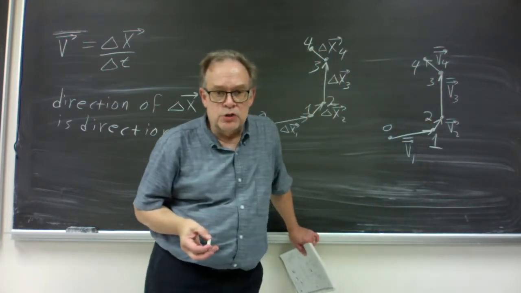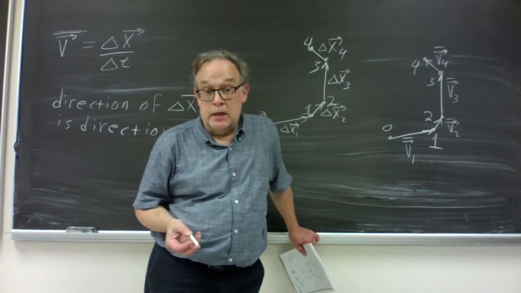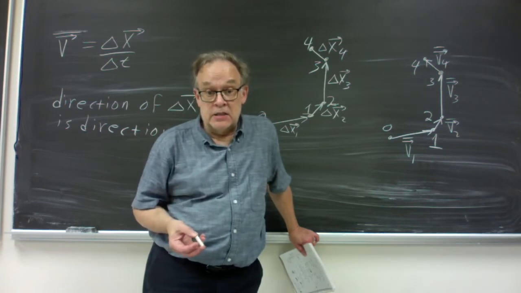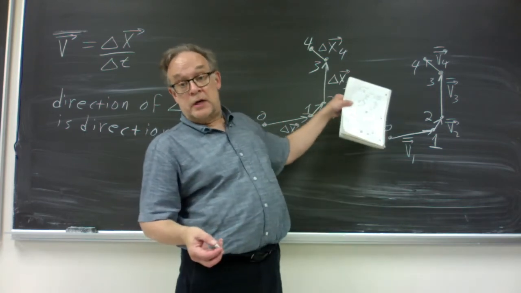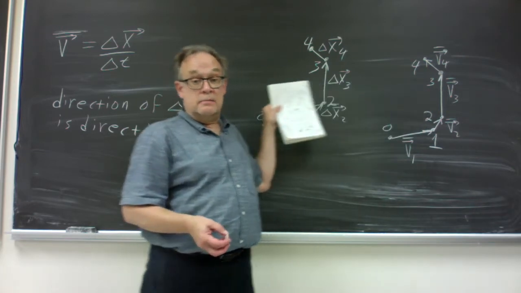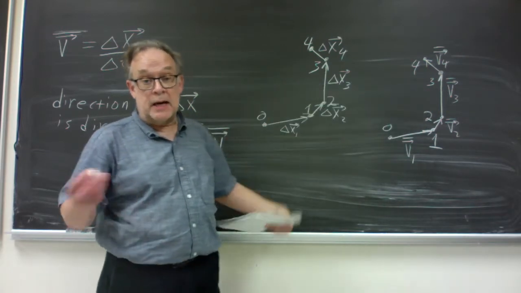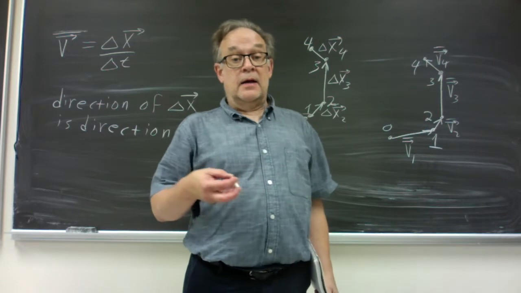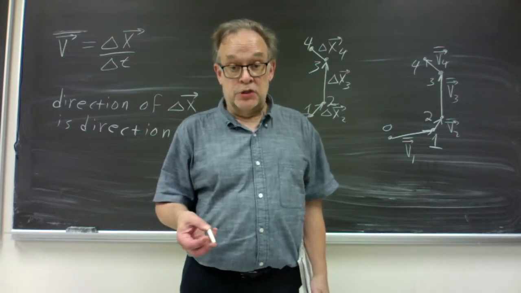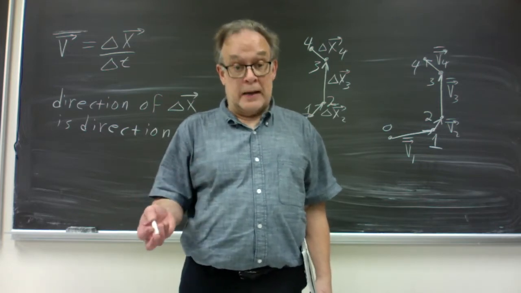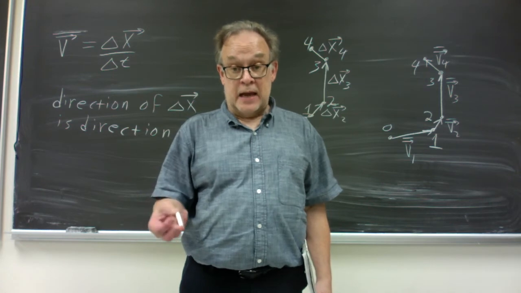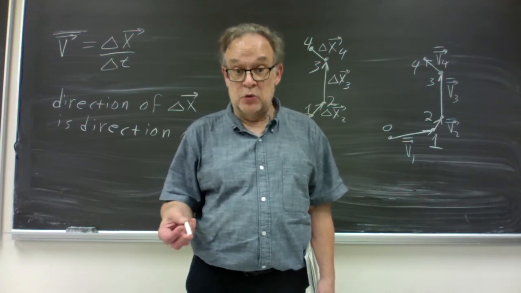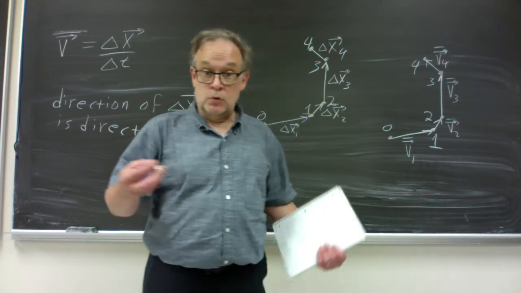Draw that same motion diagram and again draw arrows that connect the dots. Those arrows that connect the dots correctly symbolize not only the displacement during those times, but they also correctly symbolize the average velocity during those times. Why is that?